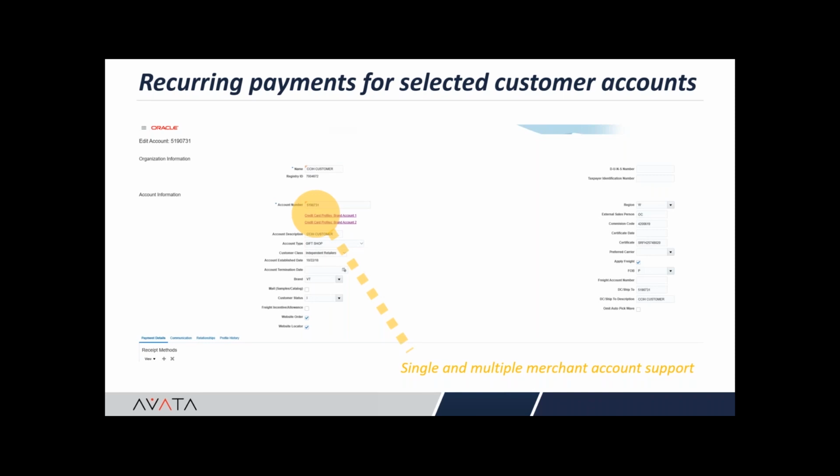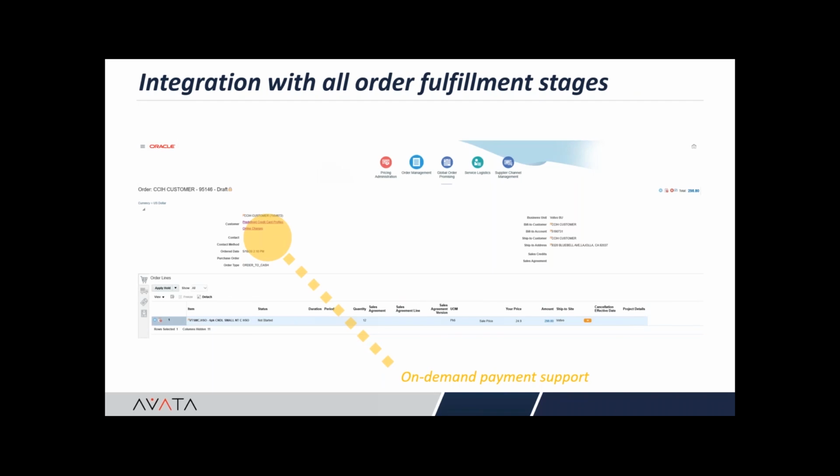You can also have multiple merchant IDs that you assign to customers or customer groups based on predefined criteria. We have also shown integration with order fulfillment stages, so ability to, let's say, override a predefined credit card exception by entering a new credit card.